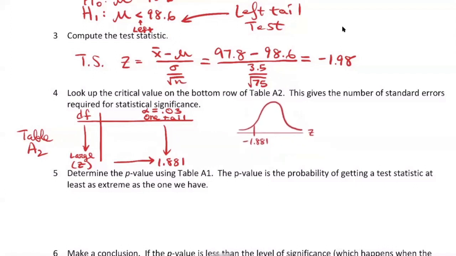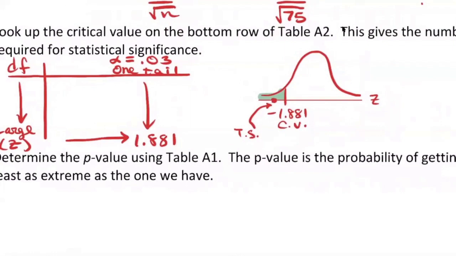I get it. Okay, and then don't forget our z-score, the test statistic, is coming out to the left of this. So the negative 1.881 is a critical value, but the test statistic was negative 1.98.